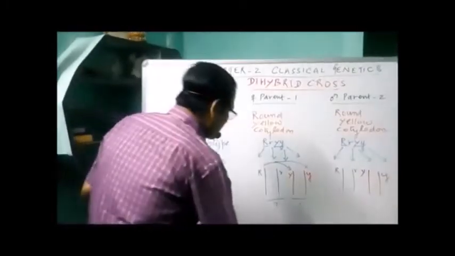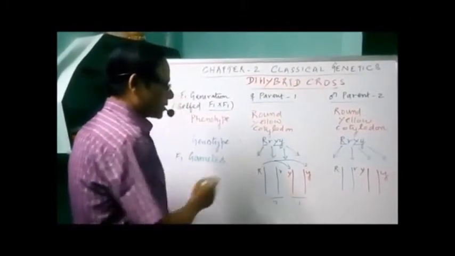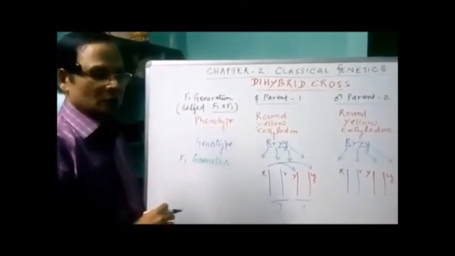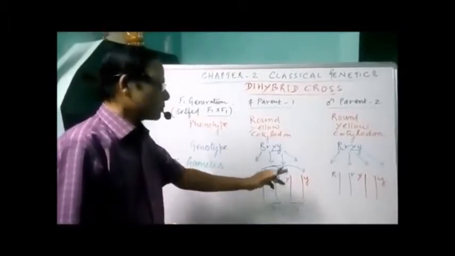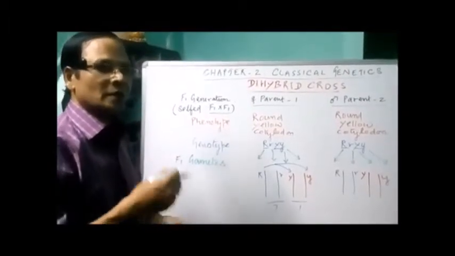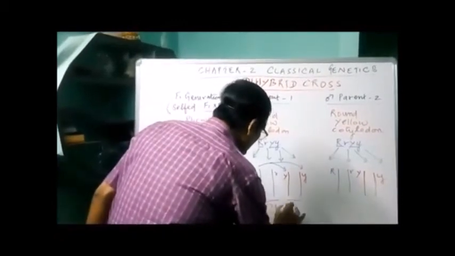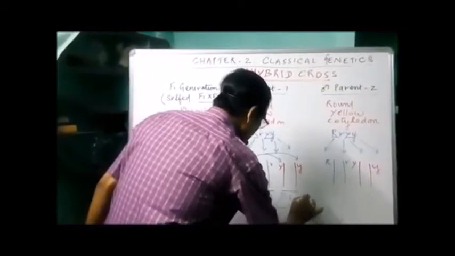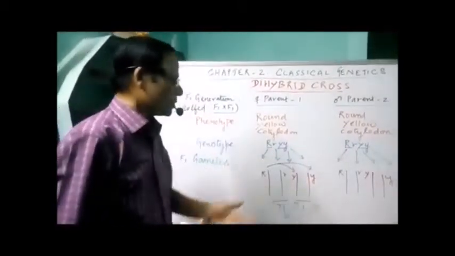Capital R may combine with capital Y or small y. This is what is called independent assortment. There is no connection between the R gene and the capital Y, small y genes; they may combine in any combination. Similarly, the recessive gene may combine with small y as well as capital Y.